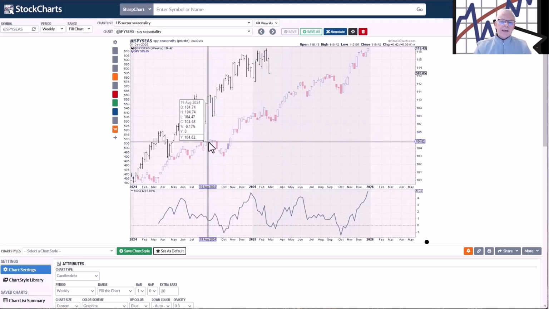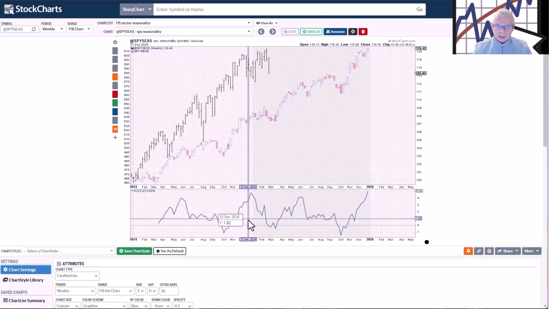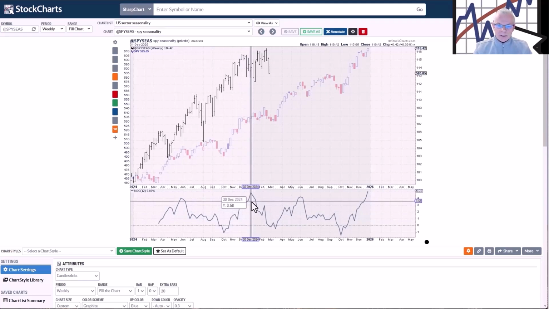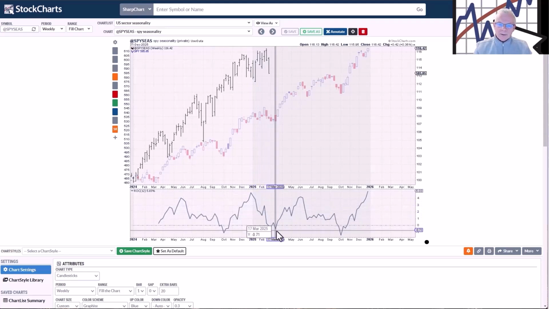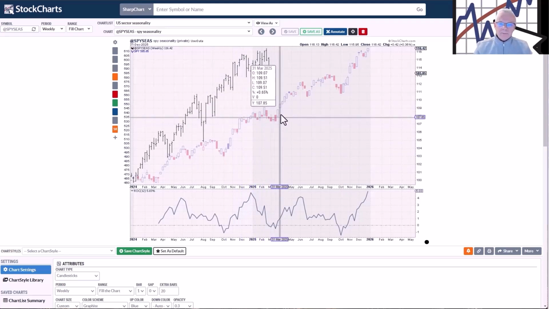So the way I'm looking at this is that it was to be expected that the S&P was going to be under pressure, because if you look at especially that rate of change chart, it shows that very nicely. You see a peak at the end of the year, and then it moves down towards mid-March. And if you look at this here, this is a kind of sideways period.